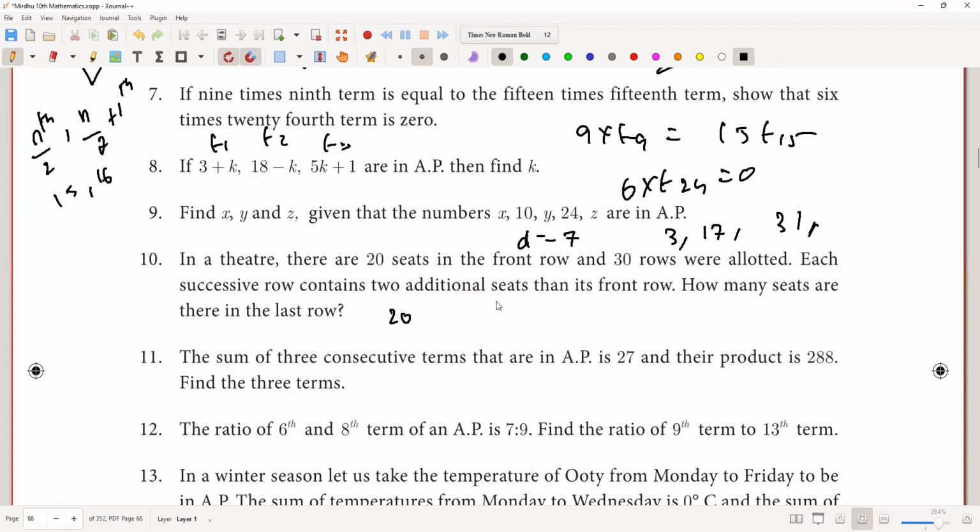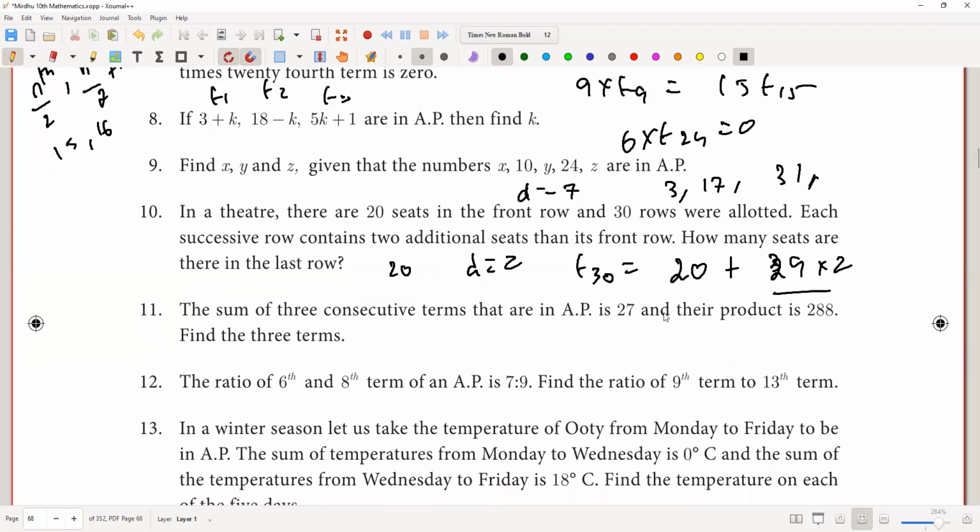Which one is the last one? T30. D equal to 2, A equal to 20. T30 equal to 20 plus 29 into 2, 58, 78.